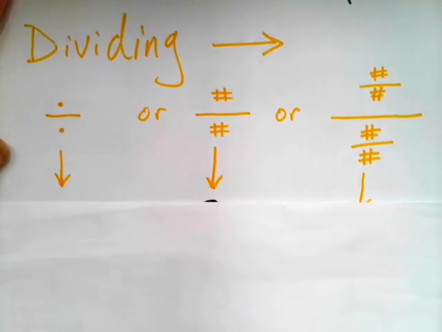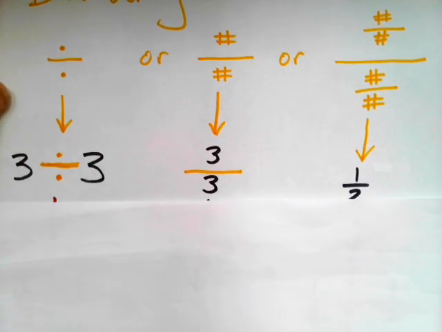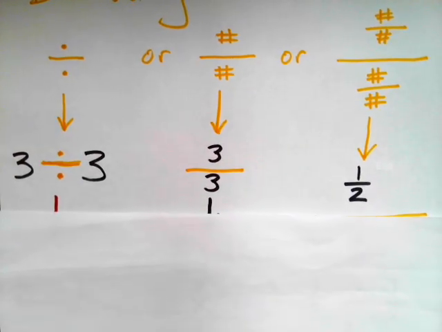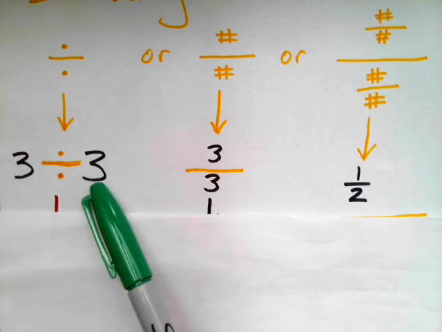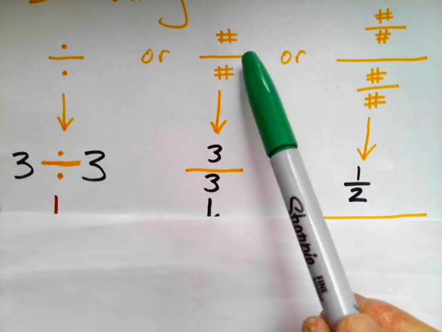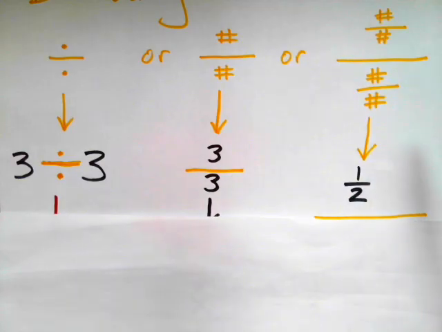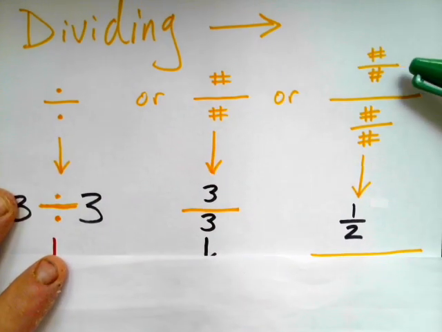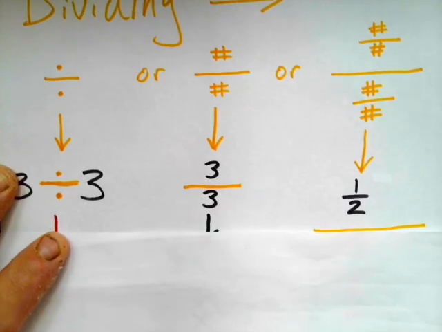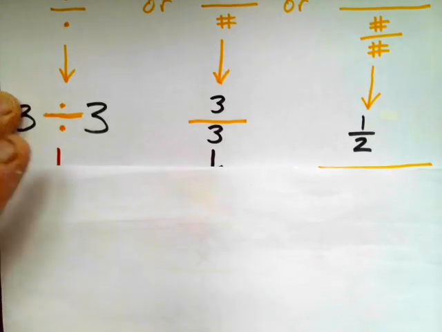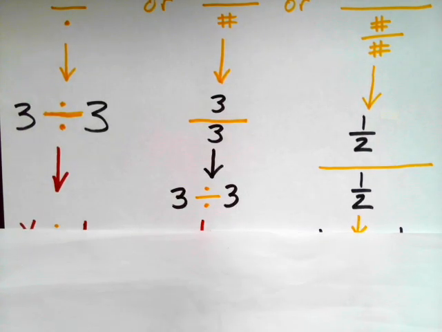And so let's go ahead and take a look at some of these dividing examples. As you can see here, we have the division symbol most of us are familiar with, 3 divided by 3. Or a number divided by a number, you have 3 divided by 3. Or, of course, this here, a fraction divided by a fraction. I'm going to show that to you next here. We have a fraction divided by a fraction.